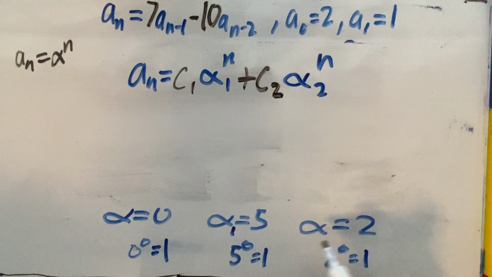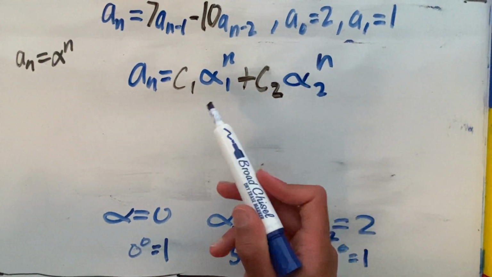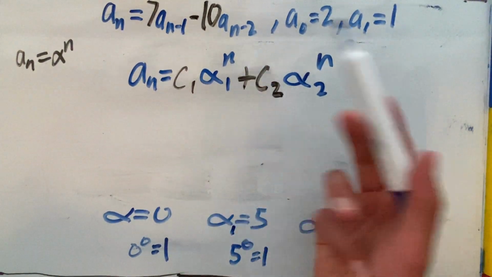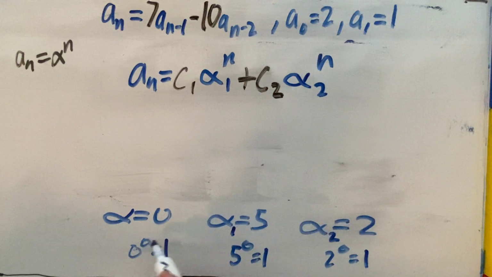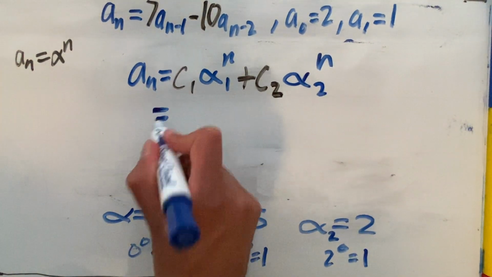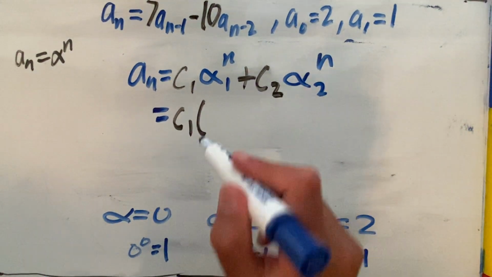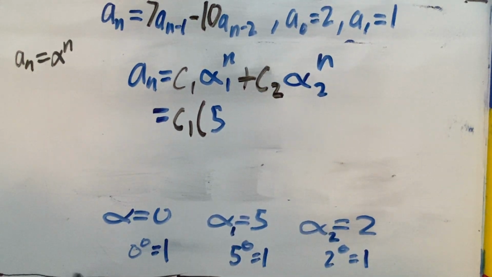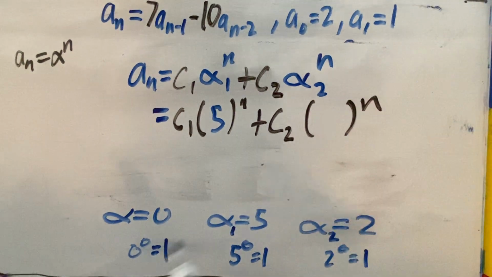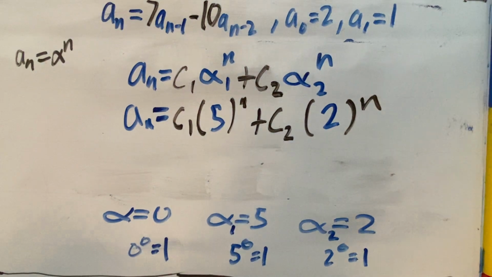And we just reject 0. If we were to include 0 in this linear combination, it would just be a term that adds 0, because 0 to the n is always 0, and that term will contribute nothing, so we just ignore that. So to continue, it's c1 times alpha 1, which is 5 to the n power, plus c2 times alpha 2, which is 2 to the n power, should equal a sub n.